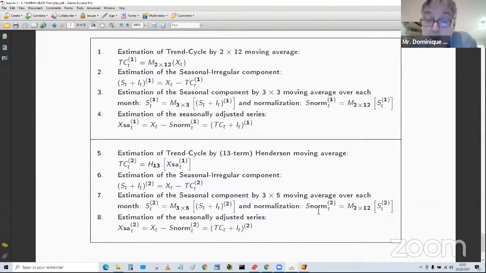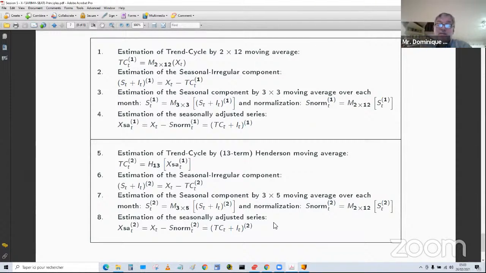And I will renormalize the series, and I will get a second estimation of a seasonally adjusted series. Okay, so you see that basically the first 4 steps and the last 4 steps are similar in spirit. The only difference is the choice of moving averages. But this is very simple.